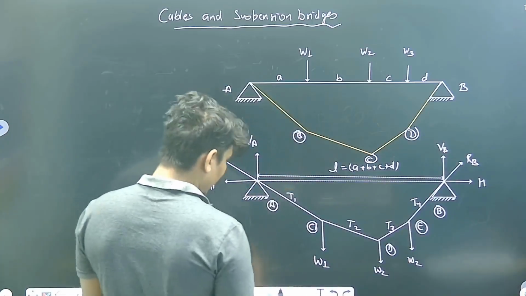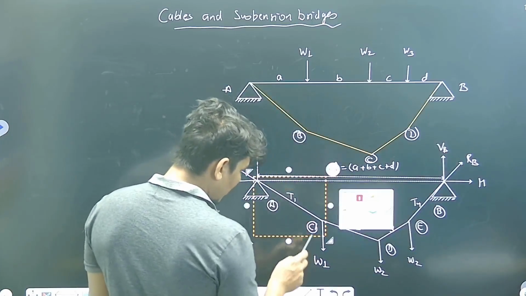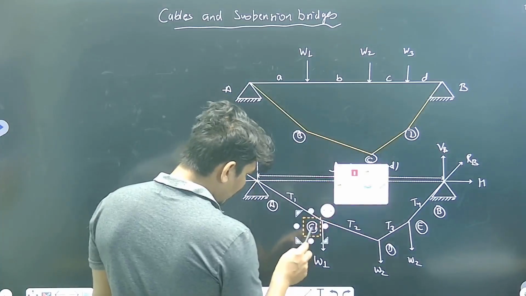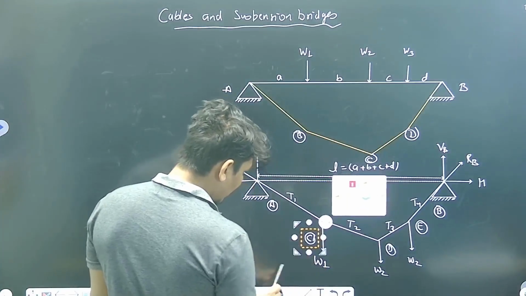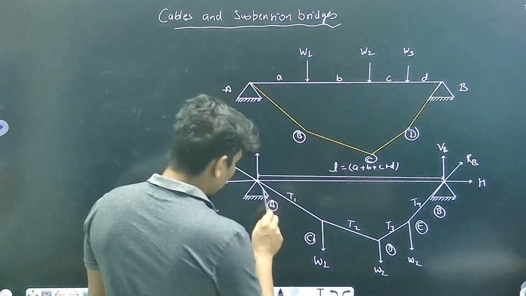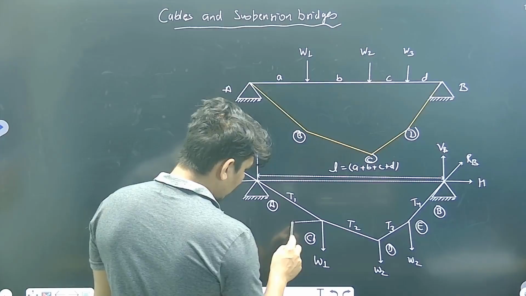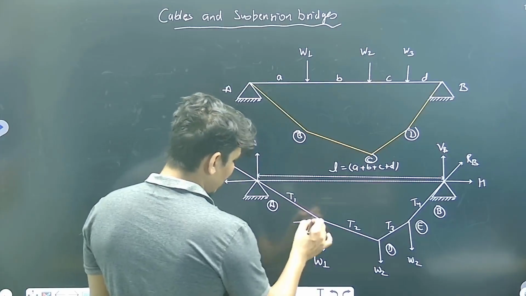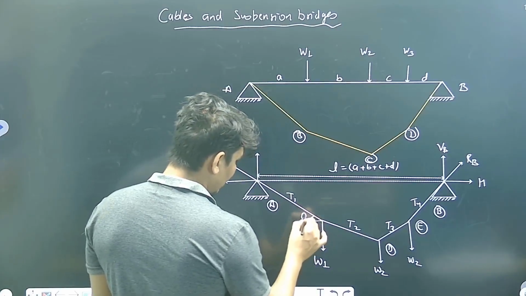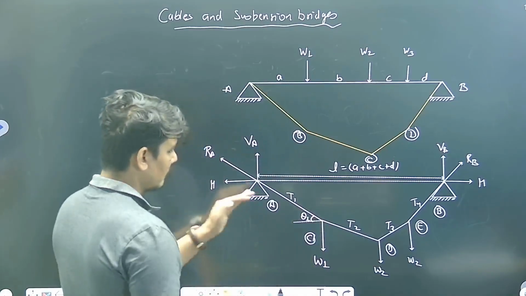Now, one thing is also to be noted here at this point. Now you can see the cable made some angle theta 1 with the horizontal.